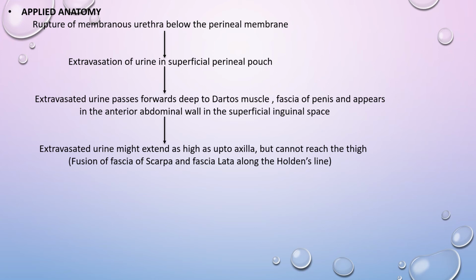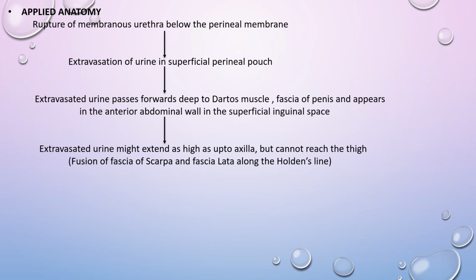This extravasated urine may pass forward deep to Dartos muscle and the fascia of the penis and appears in the anterior abdominal wall in the superficial inguinal space. This extravasated urine might extend as high as up to the axilla, but cannot reach the thigh.